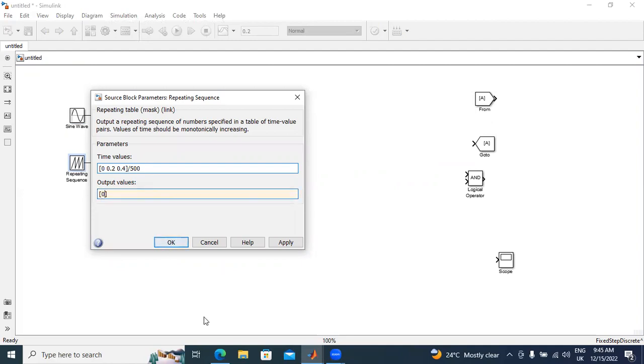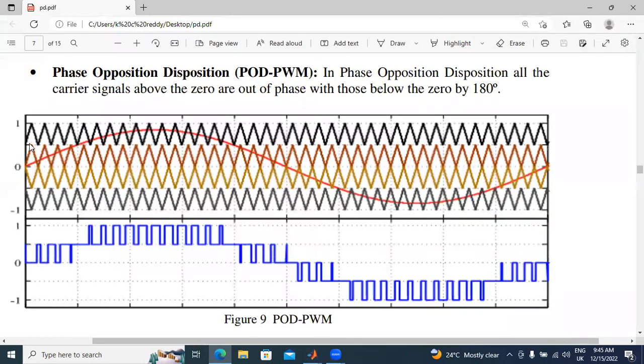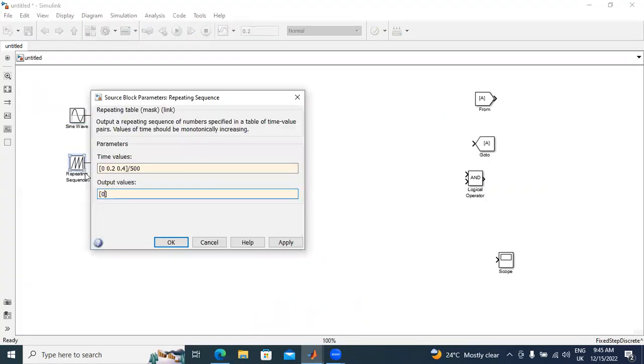In opposite disposition PWM technique, the first carrier varies from 0.5 to 1 and 1 to 0.5. That's why I will give here 0.5 to 1 and 0.5. This is the first carrier wave. I will apply this one.